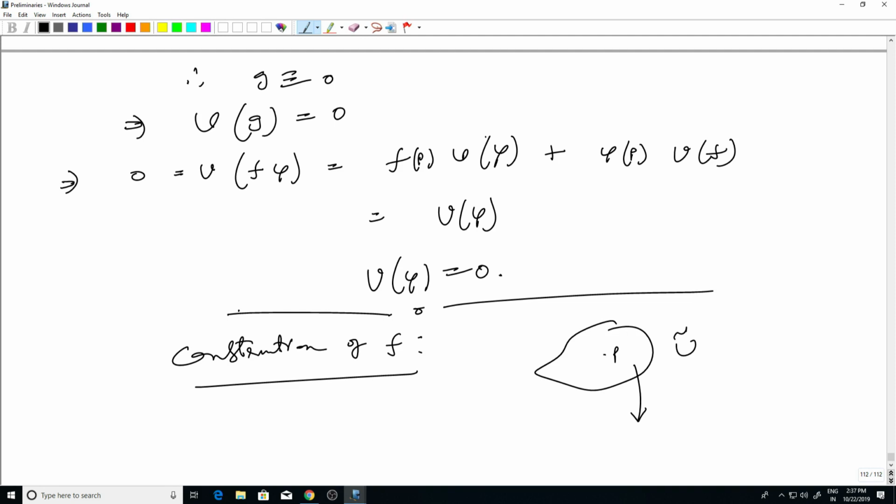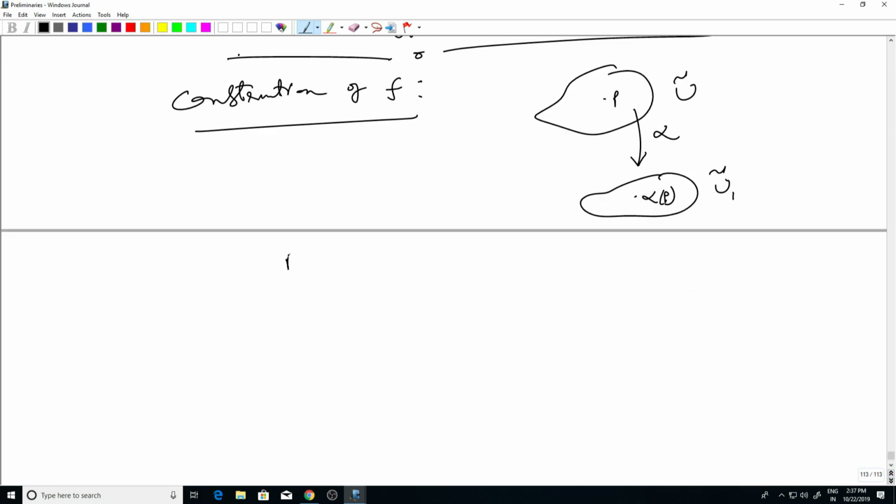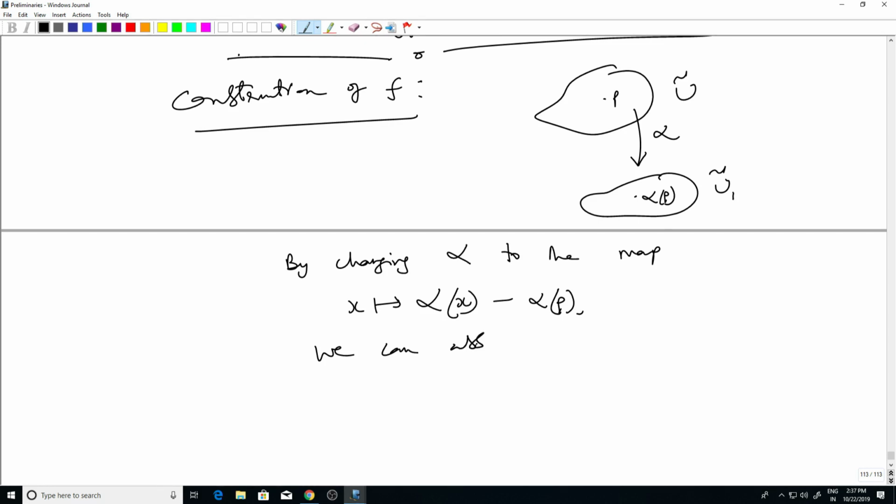So for a chart, let me use a map alpha, and it goes to some U tilde 1, with alpha of P. By changing alpha to the map alpha of x going to alpha of x minus alpha of P, we can assume that alpha of P is actually 0.